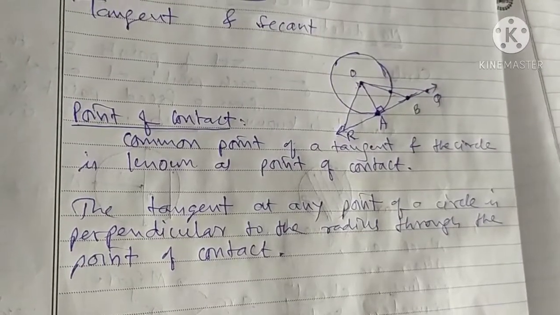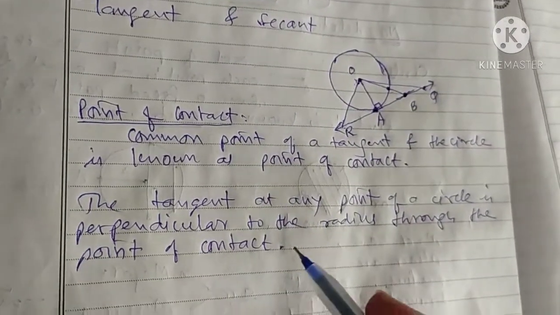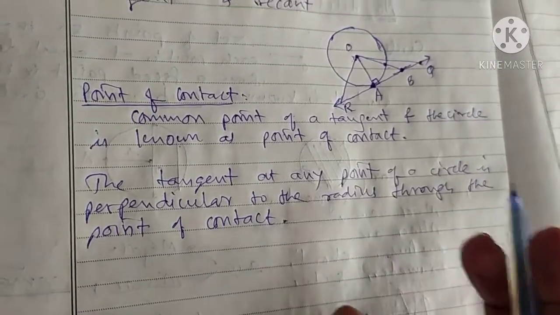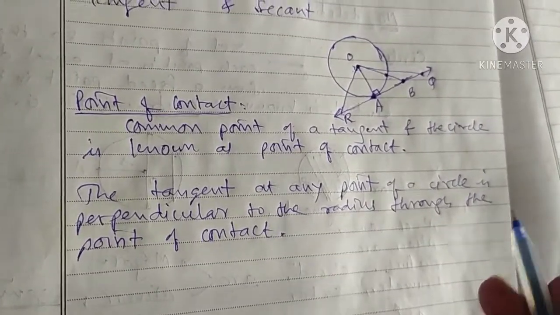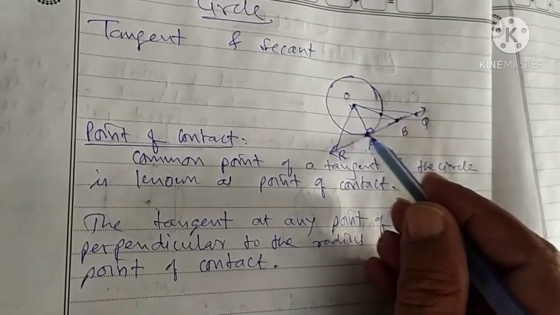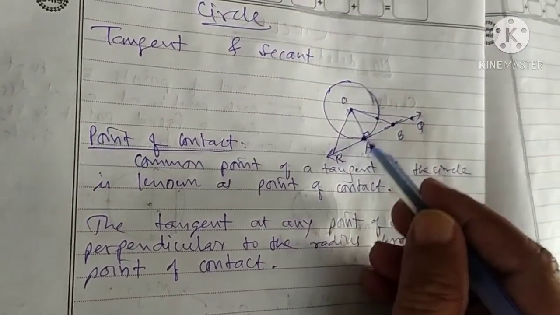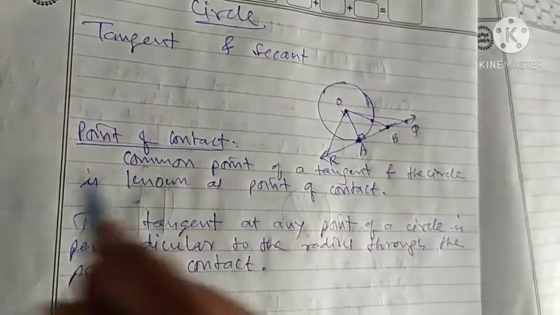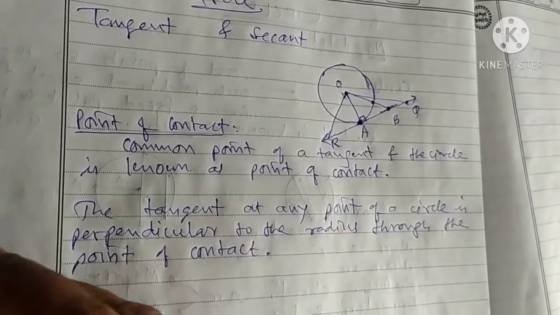Okay, got it? This can be proved, yes or no? So for every point on the circle, OA is the shortest distance to the tangent. Remember it. And this is taken as a theorem.